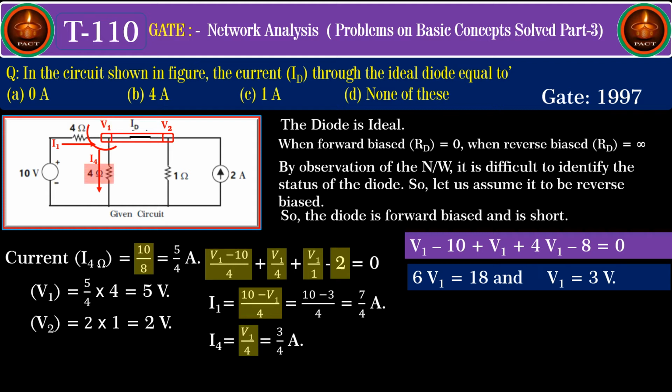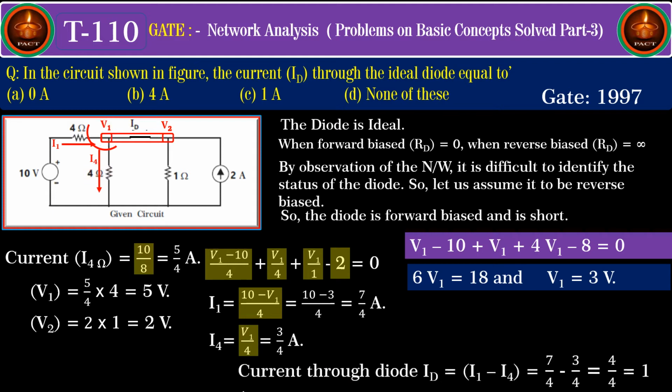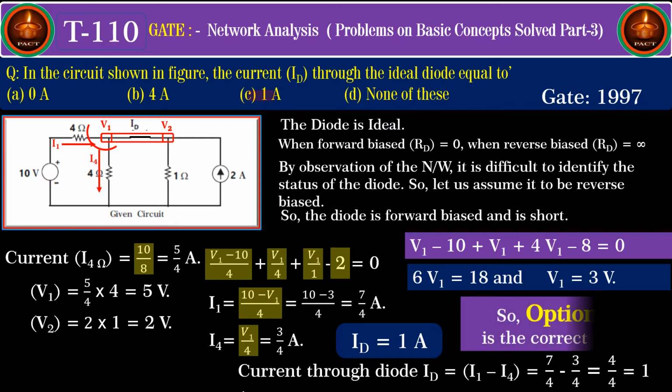Therefore, the equation for the current ID can be written as I1 minus I4, and by substituting the values we get ID is equal to 1 ampere and hence option C is the correct answer. Very simple, isn't it?